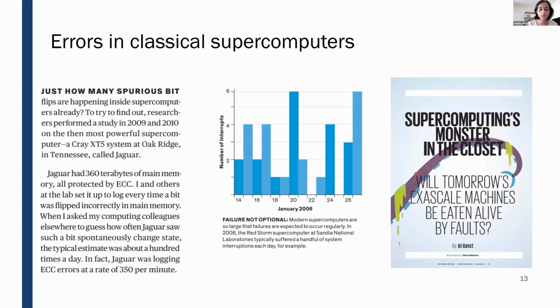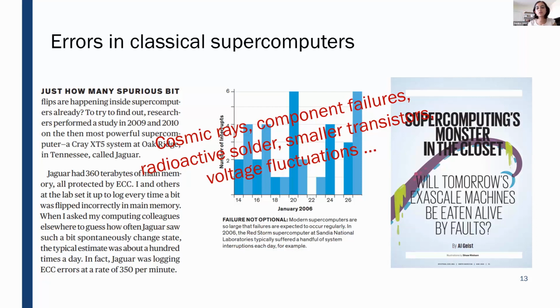Right, and then one interesting thing to think about is there's this very cool article called Supercomputing's Monster in the Closet. It's about whether we can actually ever expect to get to exascale classical computing. In this article, they talk about how classical computers at that scale are also very susceptible to errors.